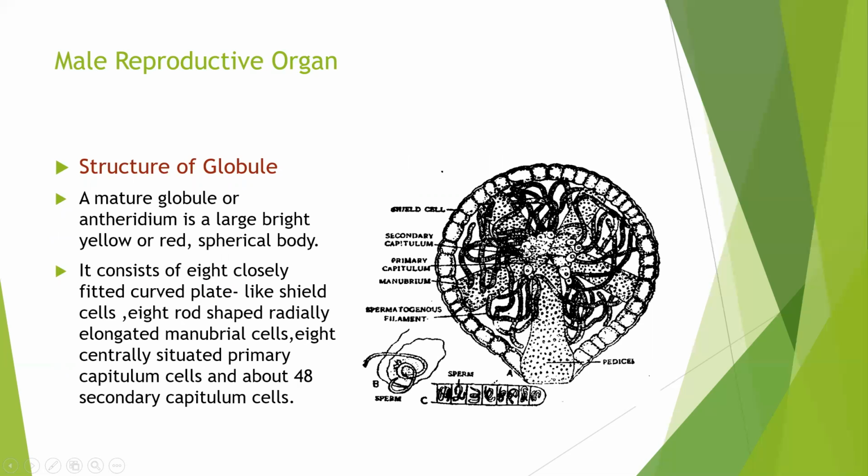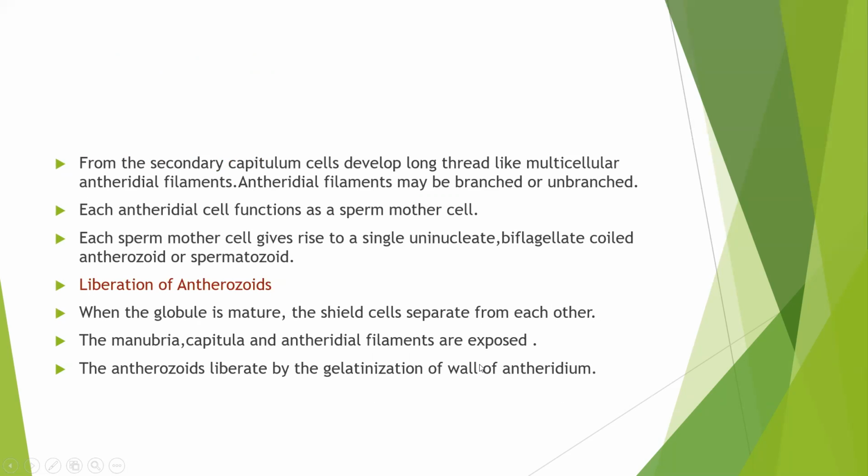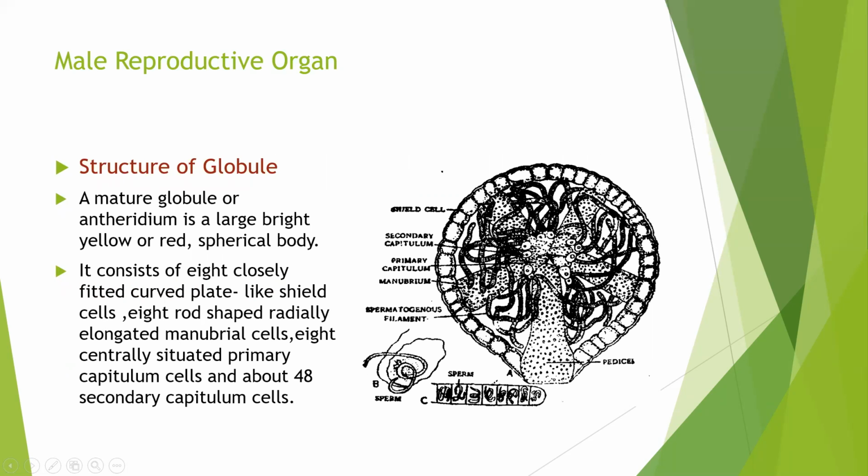From these secondary capitulum cells develop antheridial filaments. These are the antheridial filaments, and each antheridial filament contains about 100 to 1000 cells. And the nucleus of each antheridial cell metamorphoses into a single antherozoid or spermatozoid.